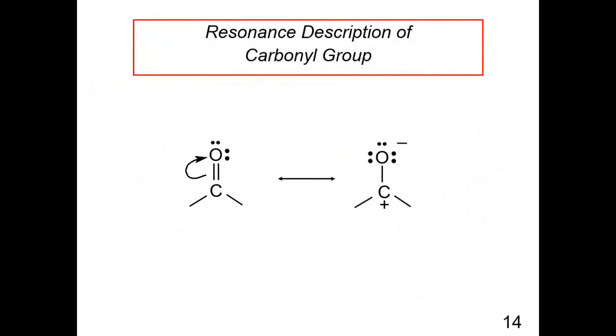Now we also want to use the resonance description to analyze the carbonyl group. In addition to the normal Lewis form of the carbonyl group, we can also write the polar form. Out of these two, obviously this one makes the greater contribution because of an extra covalent bond, but this one still makes a sizable contribution.